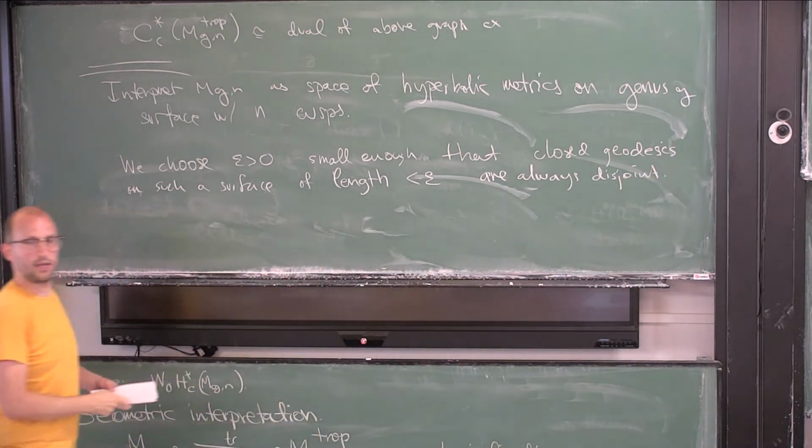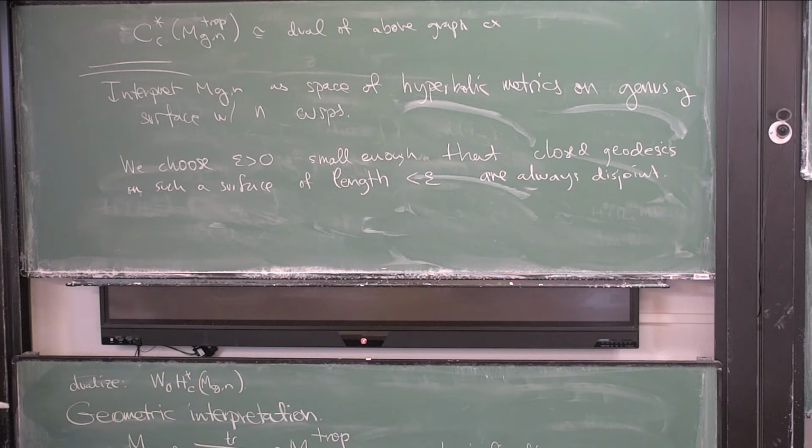Epsilon depends on g and n, but it does not depend on the particular hyperbolic metric. There is a single epsilon that works for all hyperbolic metrics.